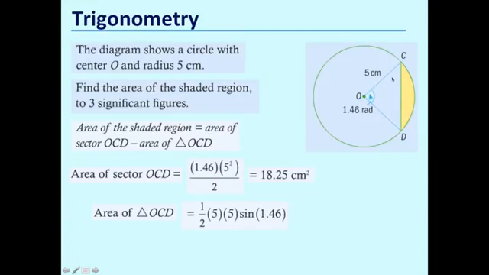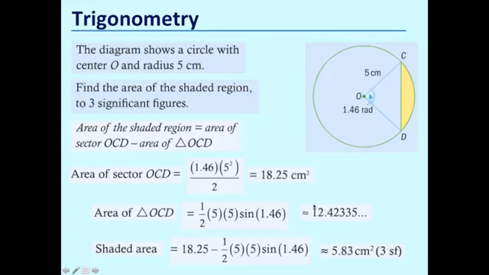So we would use the area formula for trigonometry, which is going to be half times a times b times sine C, which is going to therefore give us 12.42. So we can just subtract that, which will yield the shaded area of 5.83 centimeters squared.